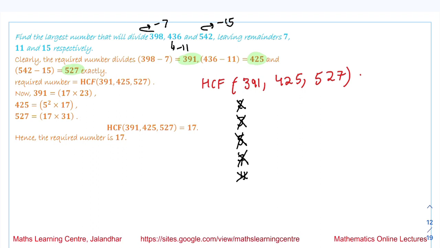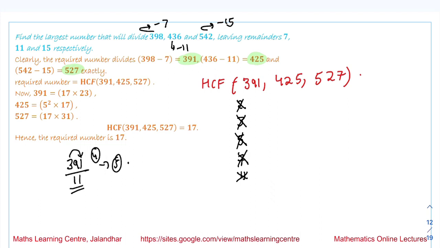You have to check whether 391 is divisible by 11. So how do we check? We sum these two values, which is 4. Then we subtract it from 9 and we see the answer is 5. So 391 is not divisible by 11.